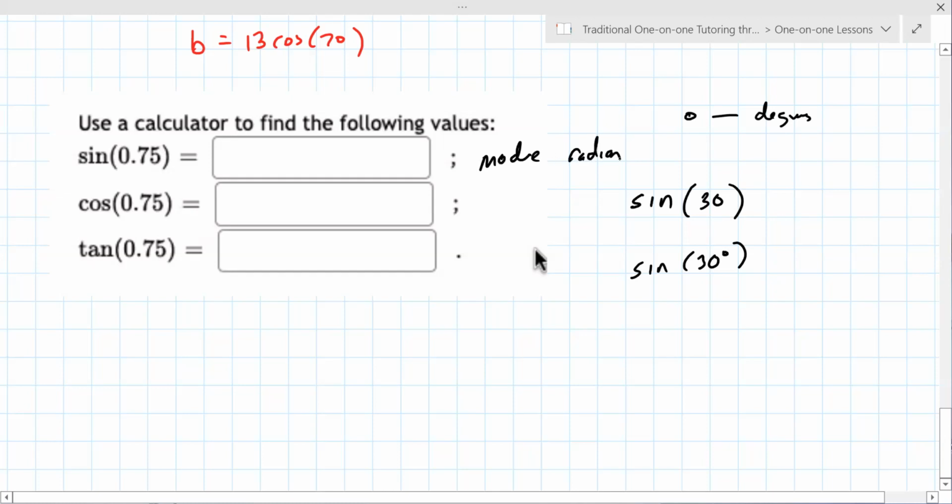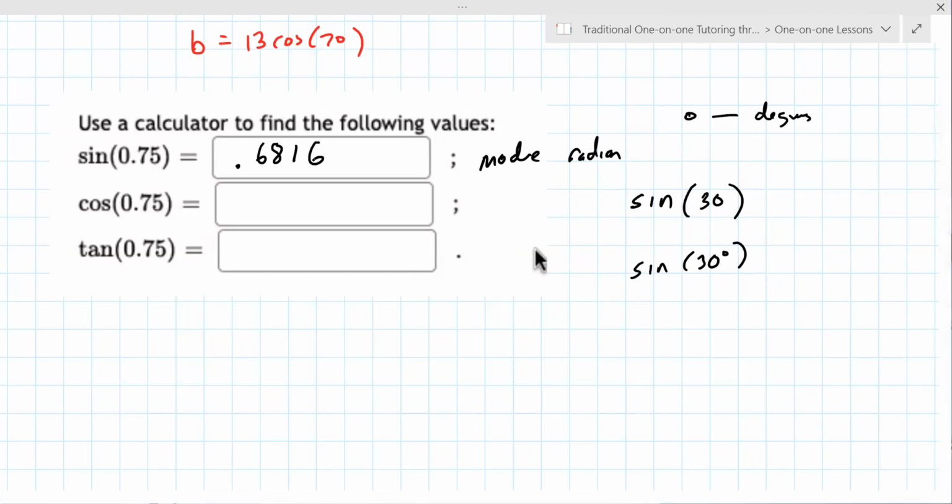So literally all you're doing is typing in, once it's in the right mode, sine 0.75, and here's the number. I'll round it to 4 decimal places: 0.6816. I'd like you to calculate that too on your own. This is a very important thing, that you're able to move back and forth between them.